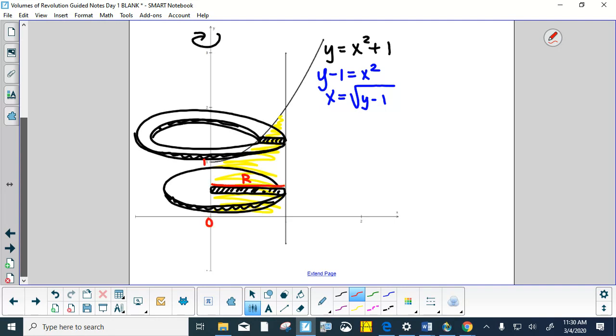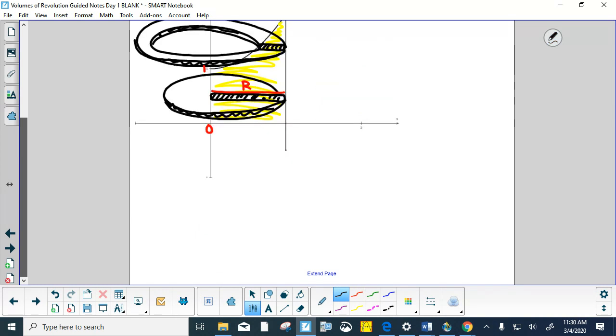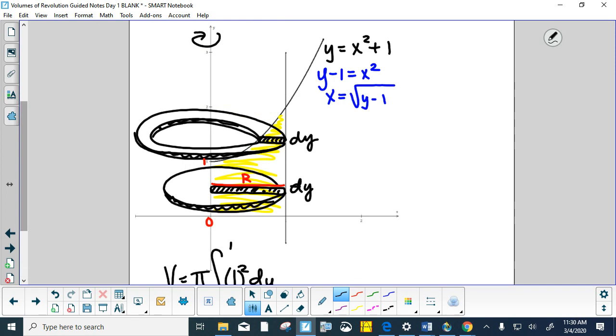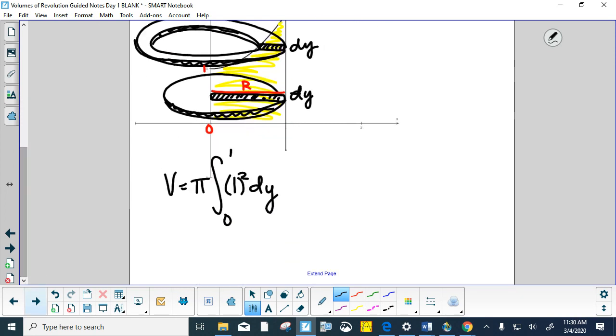It's just 1. So the first integral is going to be volume equals pi times the integral from 0 to 1 of 1 squared dy, right? Because we're squaring 1. Because these are both dy's. Plus pi times the integral from 1 to 2 of, well, what is big R here?